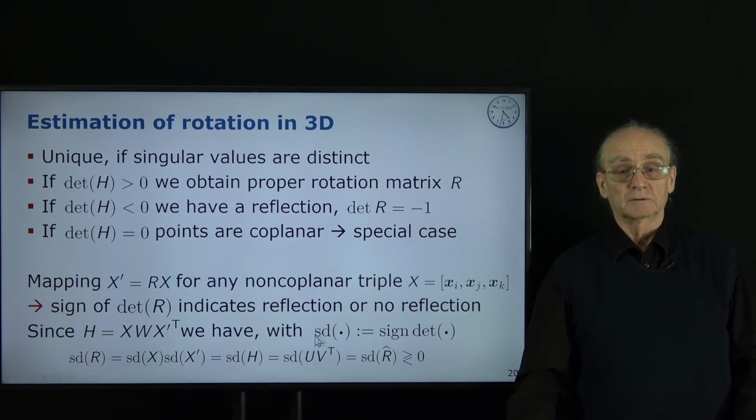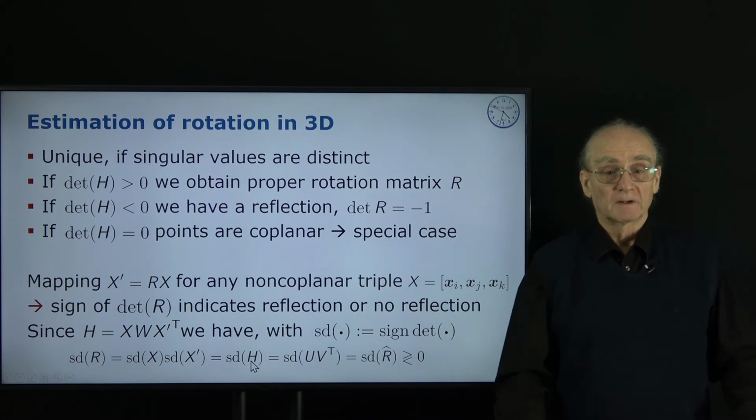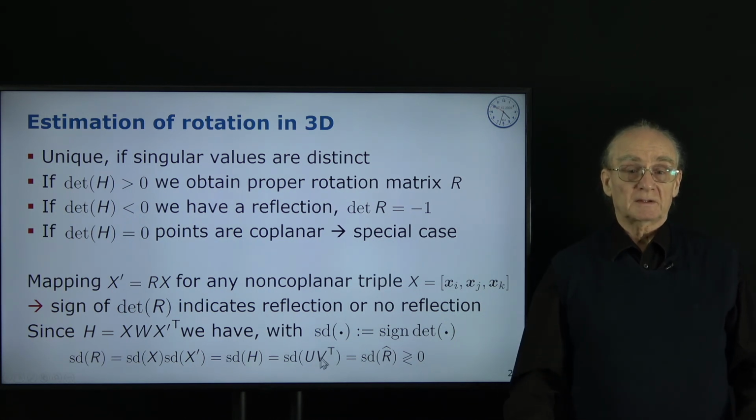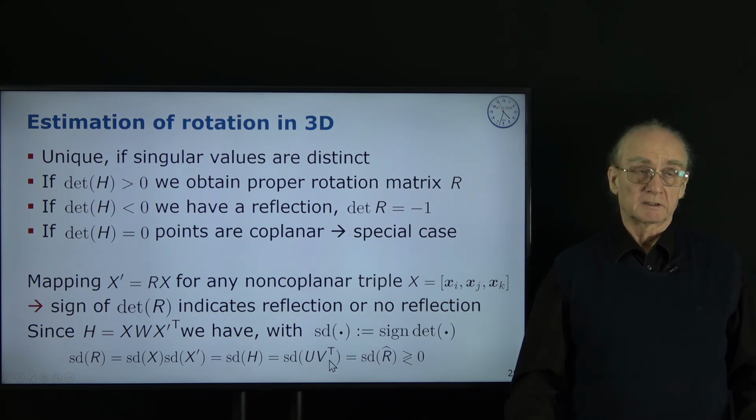I have a shorthand notation for the sign of the determinant as SD. So SD of the rotation, the sign of the determinant of the rotation, is from this equation the sign of the matrix X multiplied with the sign of the matrix X prime. Now this is exactly the same as the sign of the matrix H. And this is the sign of the matrix U V transposed, because we have SVD and the S has positive values.